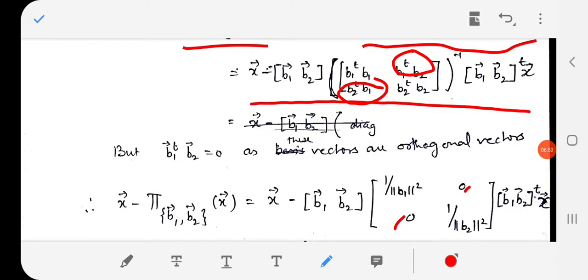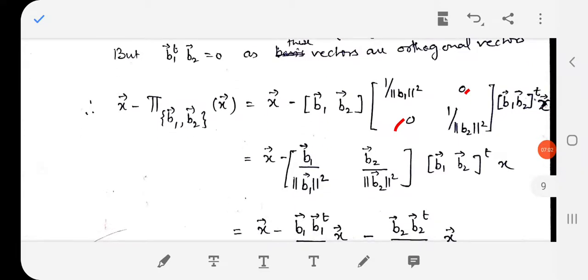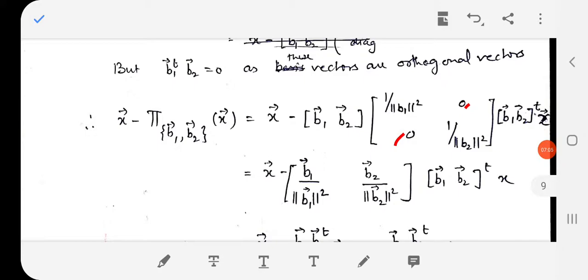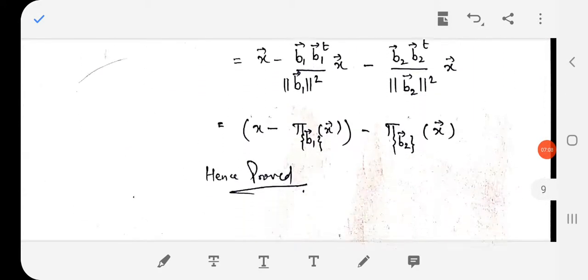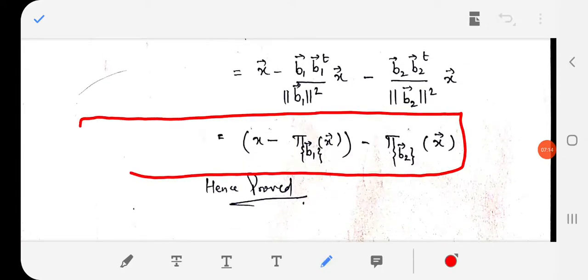So ultimately we get this, and finally we get this formula, which means that the projection along the subspace b1, b2 is equal to the sum of the individual projections taken on every basis vector, if the basis vectors are orthogonal.